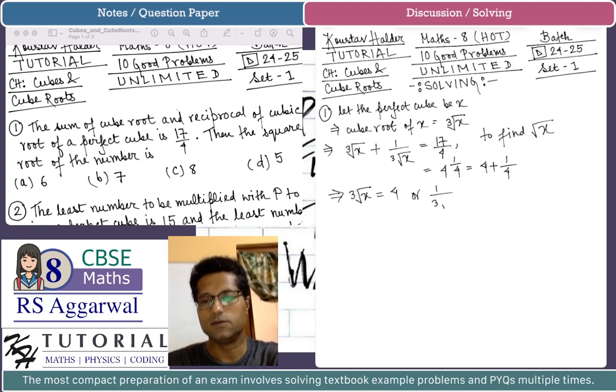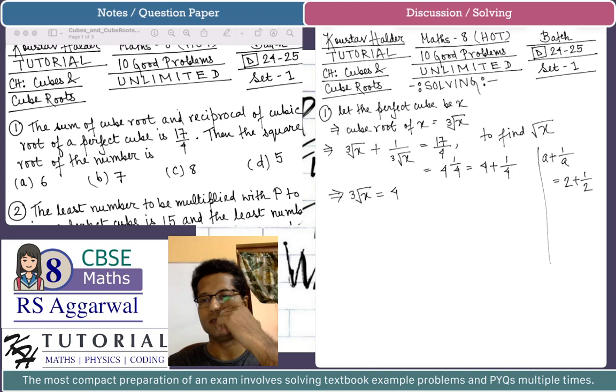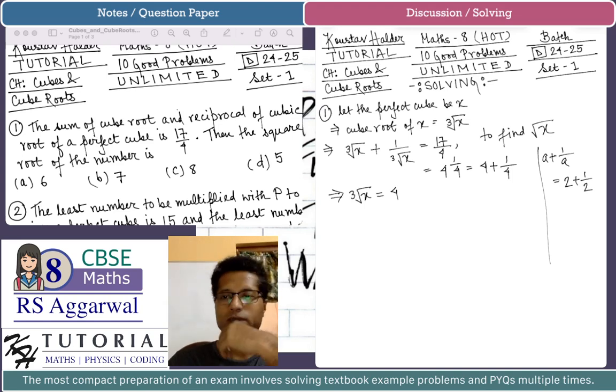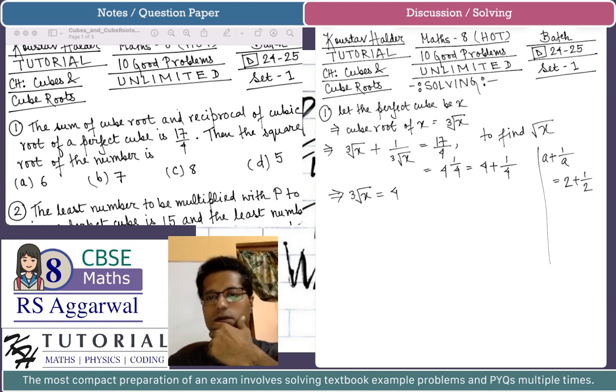We can directly say that since cube root of x plus 1 by cube root of x is equal to 4 plus 1 by 4, we can obviously say that cube root of x is equal to 4, because if we have something like a plus 1 by a is equal to, let's say, 2 plus 1 by 2, now a is a whole number obviously, and 1 by a is definitely a proper fraction.